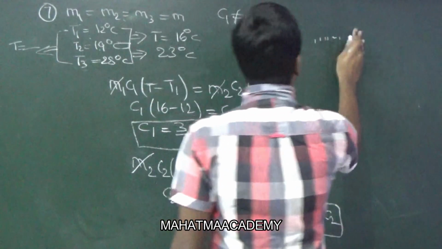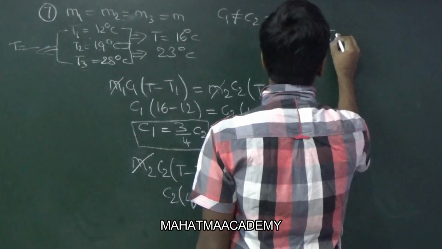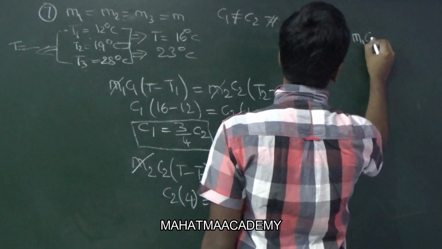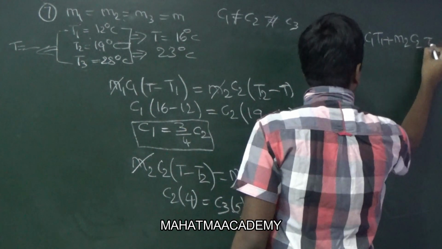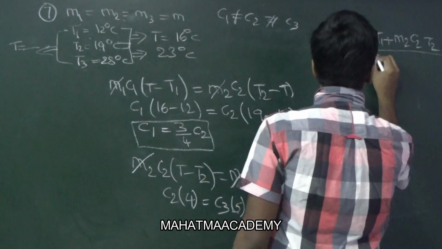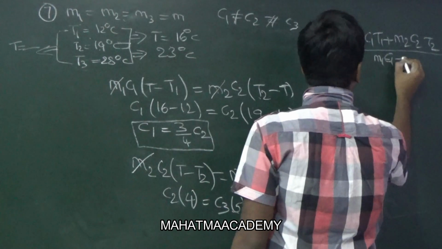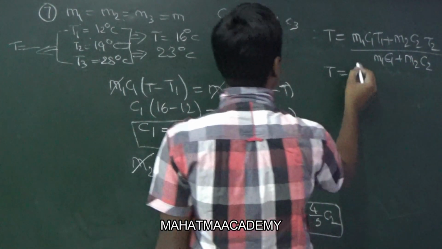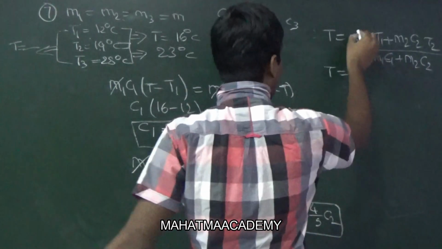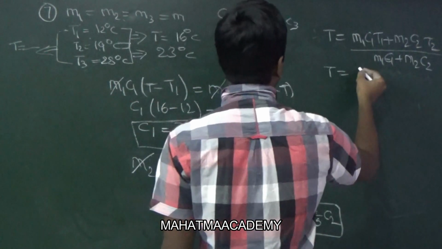Okay guys, now temperature T is equal to (M1 C1 T1 plus M3 C3 T3) upon (M1 C1 plus M3 C3). Here the masses are the same, so we can ignore them.